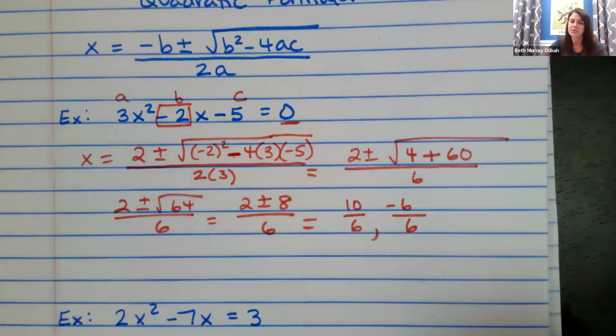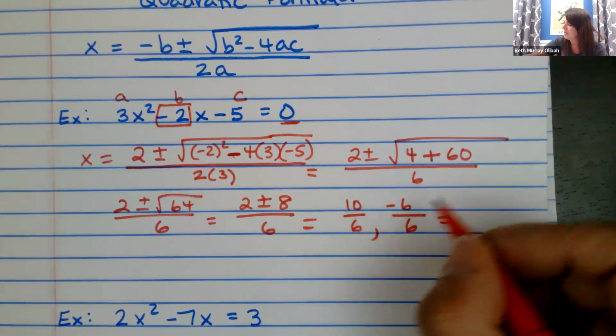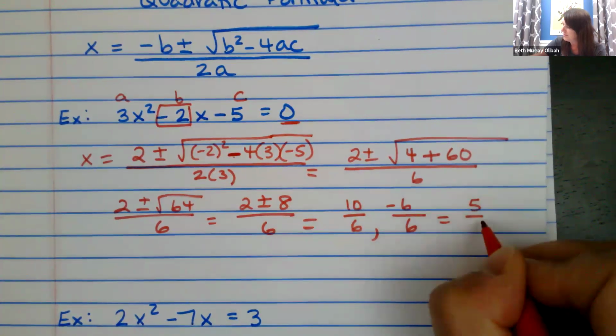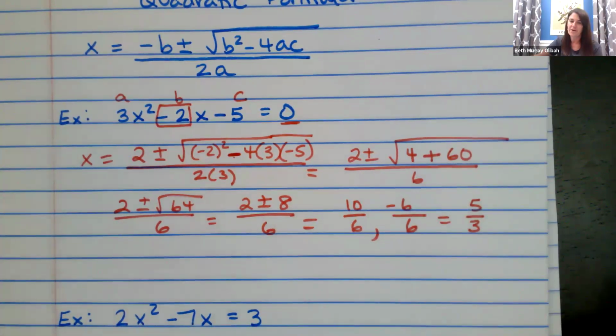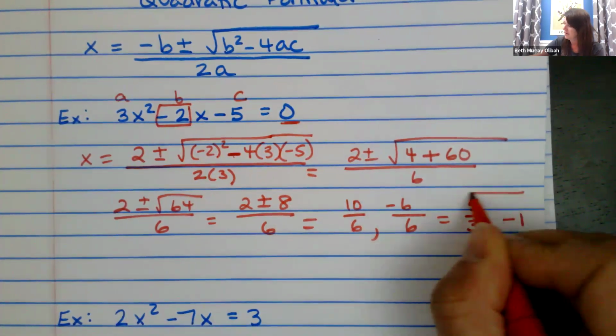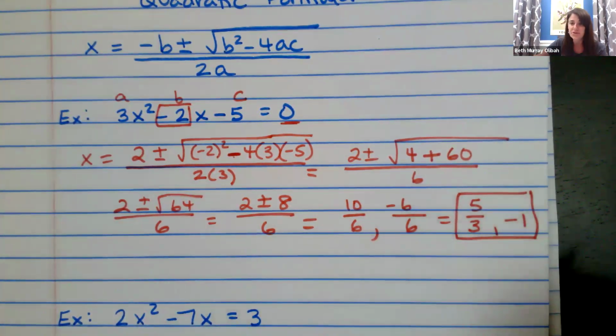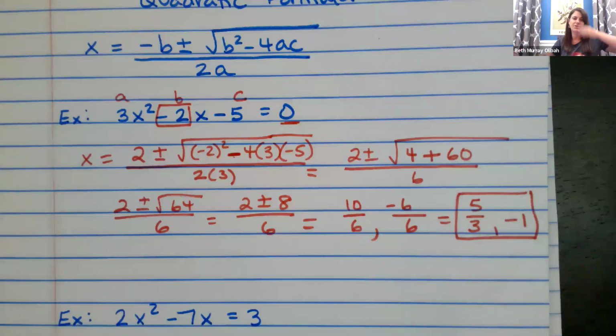So we have two separate answers, and I can reduce both of those. This one, all I can do is divide by 2 on the top and the bottom. So that becomes 5 over 3. But -6 over 6 is -1. So that is my final answer, which means these are my solutions. These are my roots. These are my x-intercepts, just like when we factor and solve.